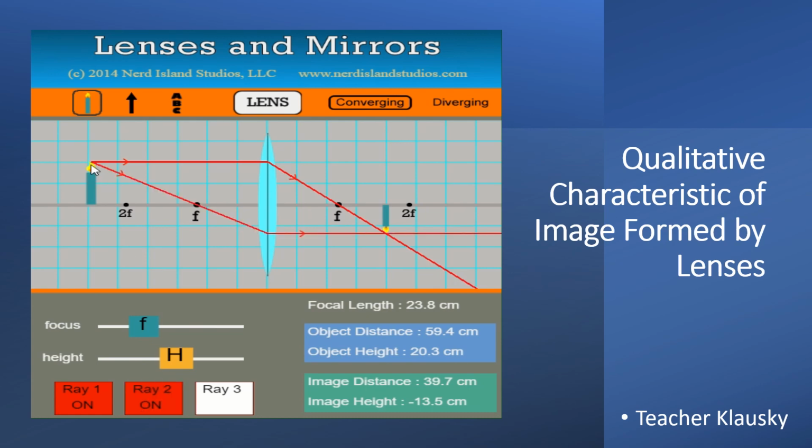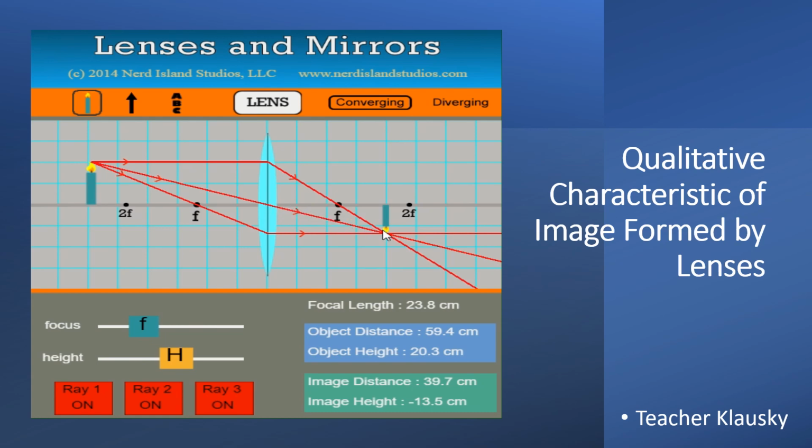Ray 2, this will be your incident light wave. But first it will hit the focal point of the lens on the first surface before it hits the lens axis and then is refracted parallel to the principal axis. Ray 3, the light coming from the flame, will hit the midpoint or center of the lens and then pass through or be refracted.